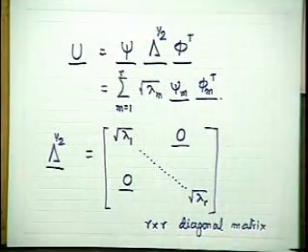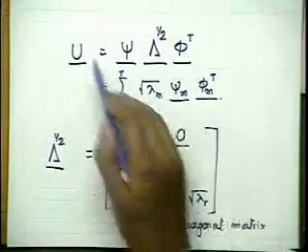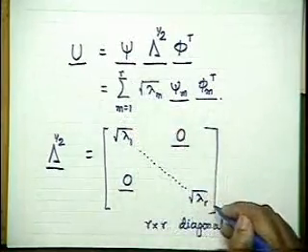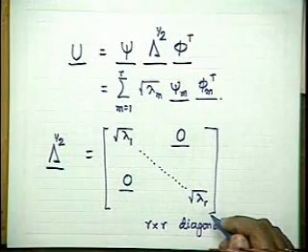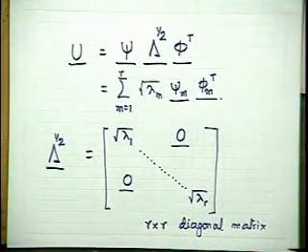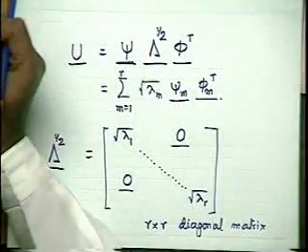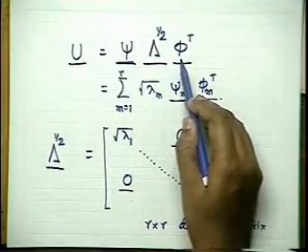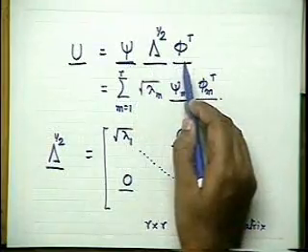What I have done is represent the image in terms of the non-zero eigenvalues, or rather the singular values of this matrix U. The diagonal matrix composed of the square roots of the non-zero eigenvalues is pre-multiplied by the eigenmatrix composed of psi, which are the eigenvectors of U transpose U, and post-multiplied by phi transpose.